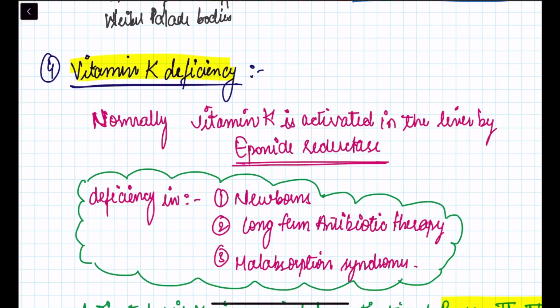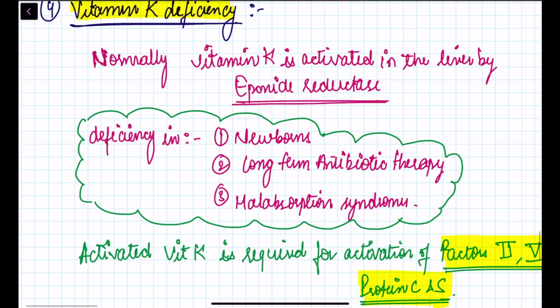Normally vitamin K is activated in the liver by vitamin K epoxide reductase enzyme, and this deficiency will be seen in newborns particularly, as breast milk is deficient in vitamin K. That is why if you attend pediatrics clinics, you'll see a newborn child is always given a vitamin K injection right at birth, because the deficiency can be critical and it can cause bleeding disorders in the newborn.